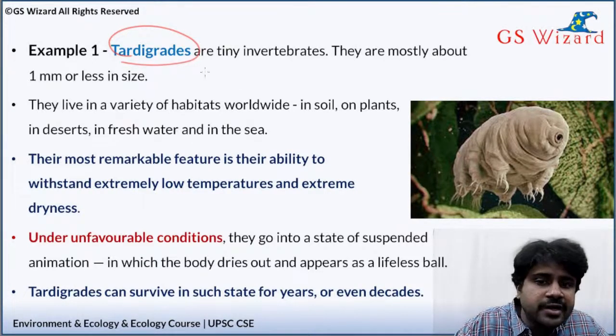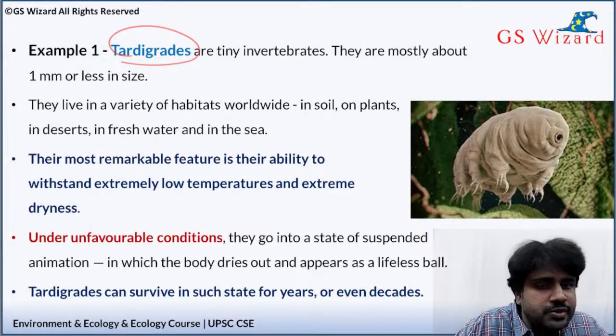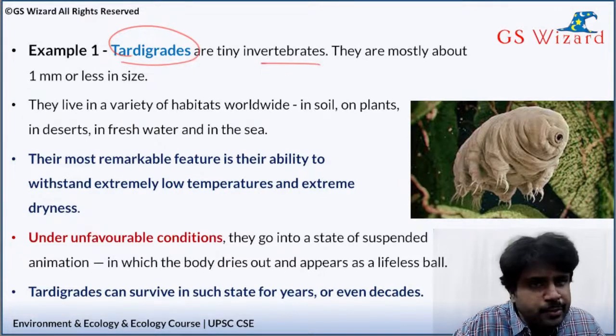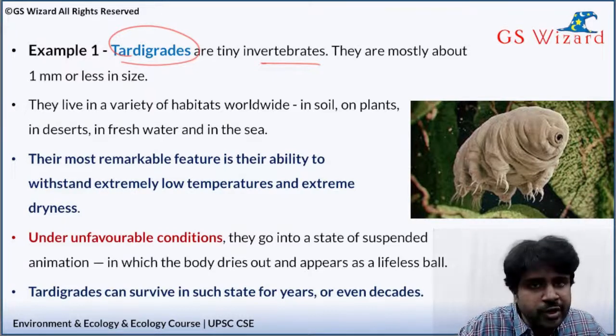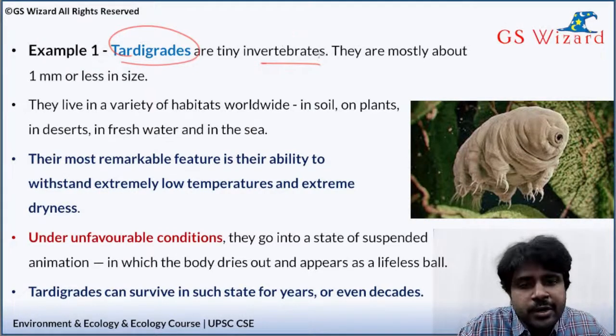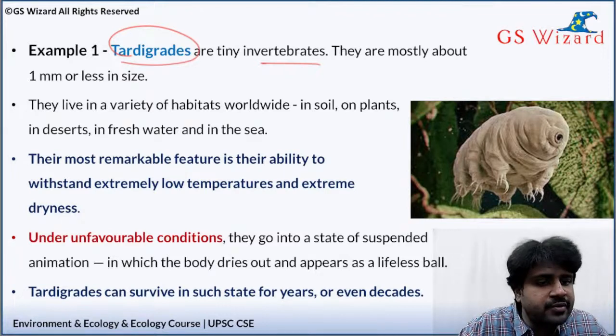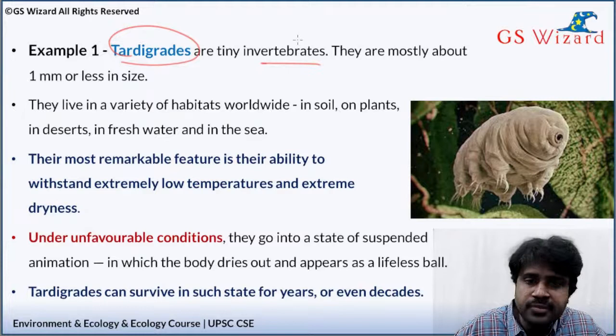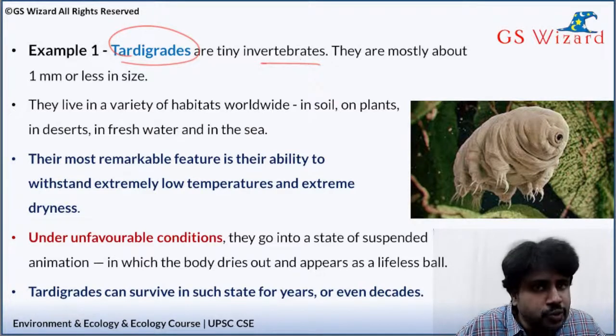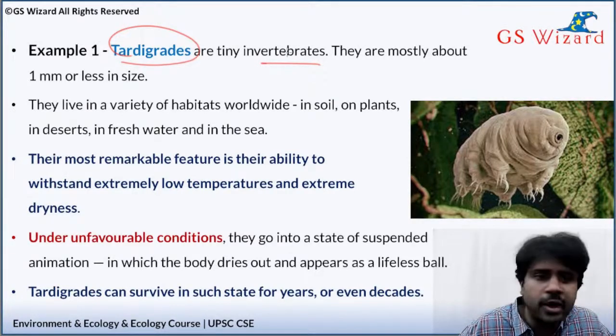Okay. So tardigrades are tiny invertebrates. What do you mean by invertebrate? Very simple. We don't have to discuss any biology. If you just understand the meaning of the word invertebrate, that is enough. Invertebrate means any organism that doesn't have a vertebral column. Like we have the backbone, right? Vertebral column. So invertebrates are those organisms that don't have a vertebral column.